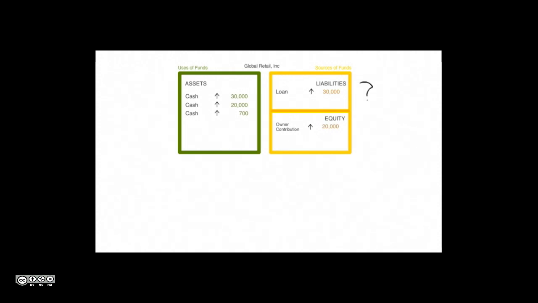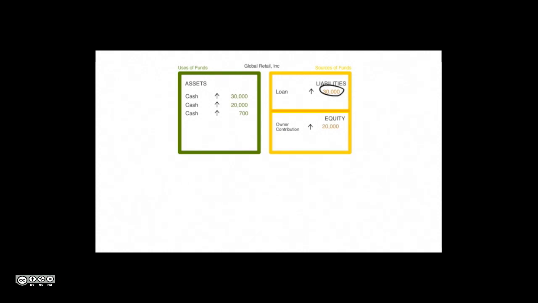Has the business incurred a liability because of this transaction? The answer is no. The amount we owe the lender hasn't changed. It is the owner's claim against the assets that has grown: equity. The liabilities and equity sections represent both a source of funding, which is to say where funding comes from, and they also represent claims upon the assets of the business by the respective parties, being the lenders and the owners.